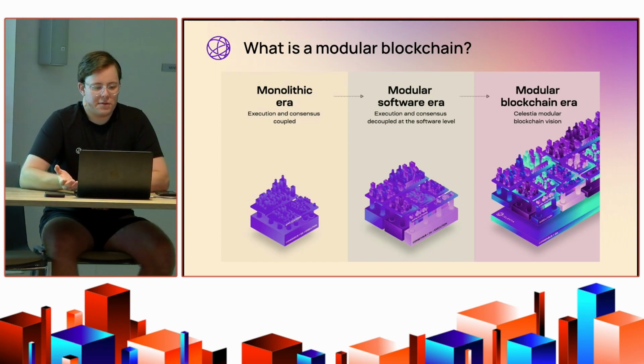So historically, we have a monolithic era where everything is very tightly coupled. It's all run on the same software, and there is basically one monolith. So you can think of this as Ethereum or Bitcoin. And in the modular software era, we have the Cosmos vision, and the Cosmos vision is actually tied together by the software that actually runs those blockchains.